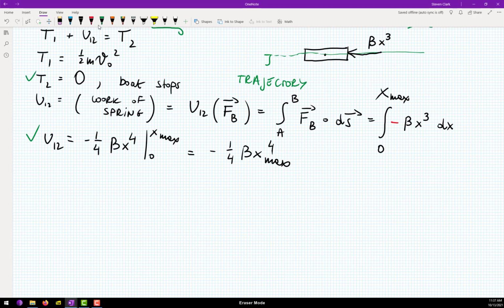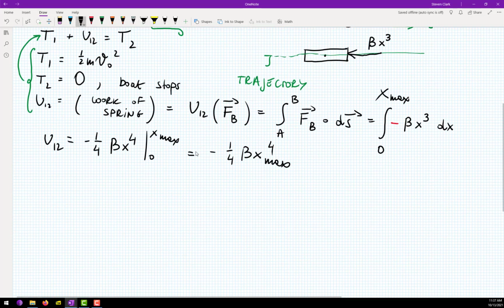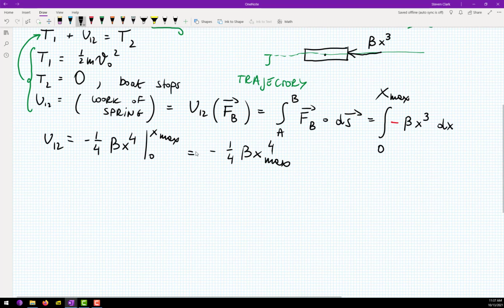So let's plug them back into our original expression. So 1/2 mv0 squared minus 1/4 beta x max to the power of 4 equals 0.